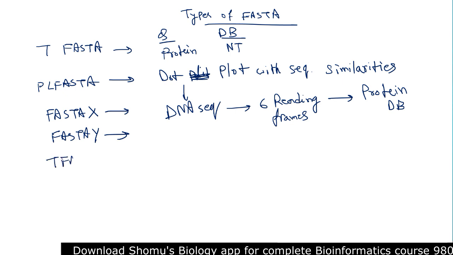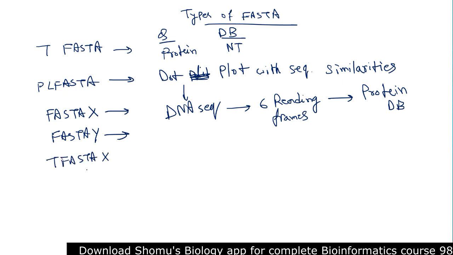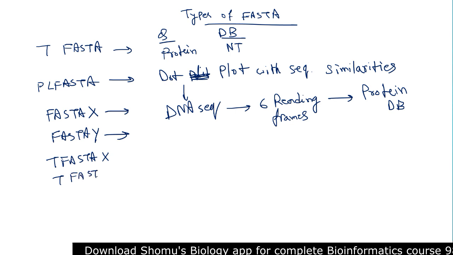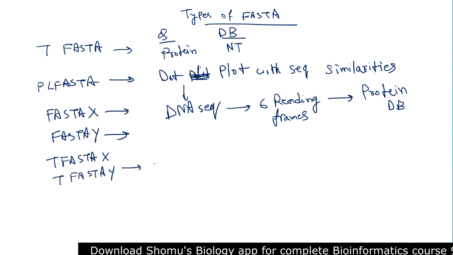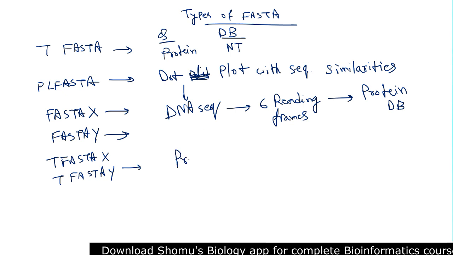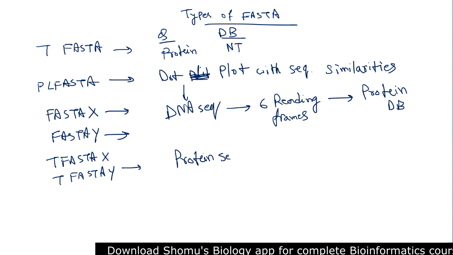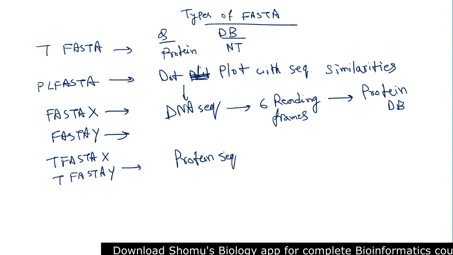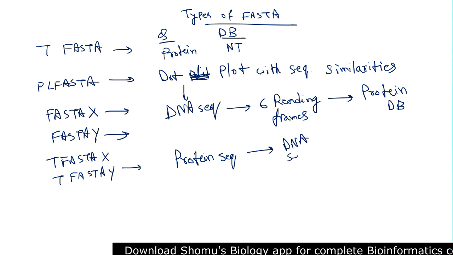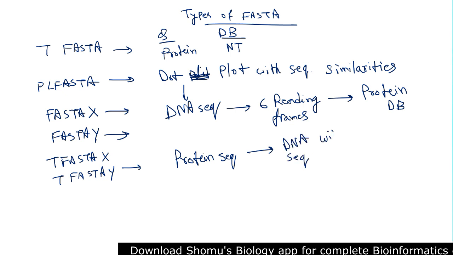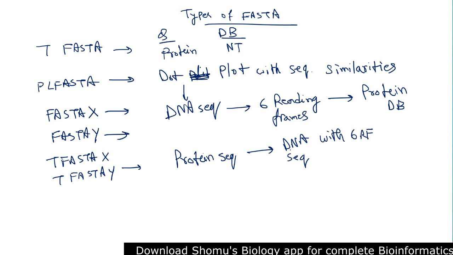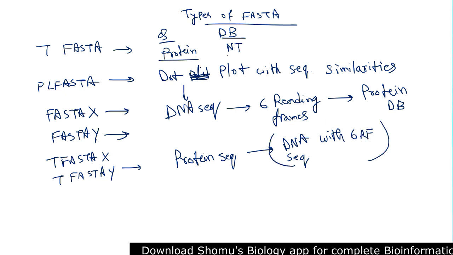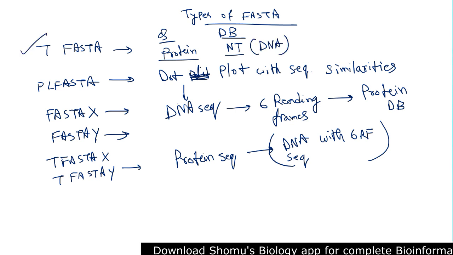And there is T-FASTA X and T-FASTA Y. What are they for? The reverse of this. We have a protein sequence compared against the DNA sequence with 6 reading frames. Generally a protein sequence can be compared against a nucleotide or DNA sequence, and that is termed T-FASTA.